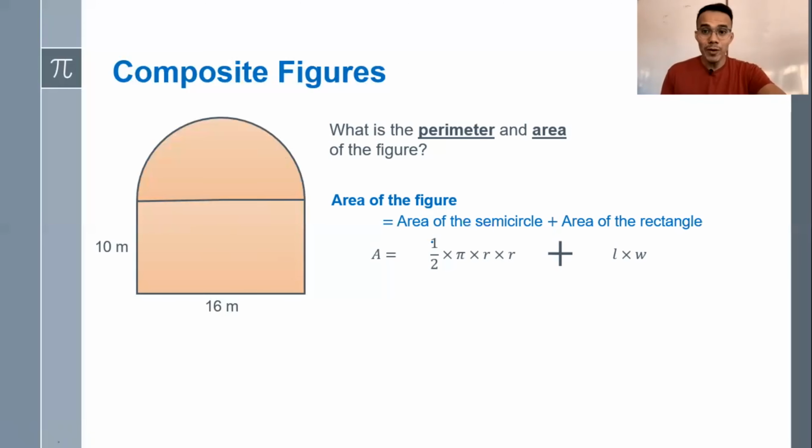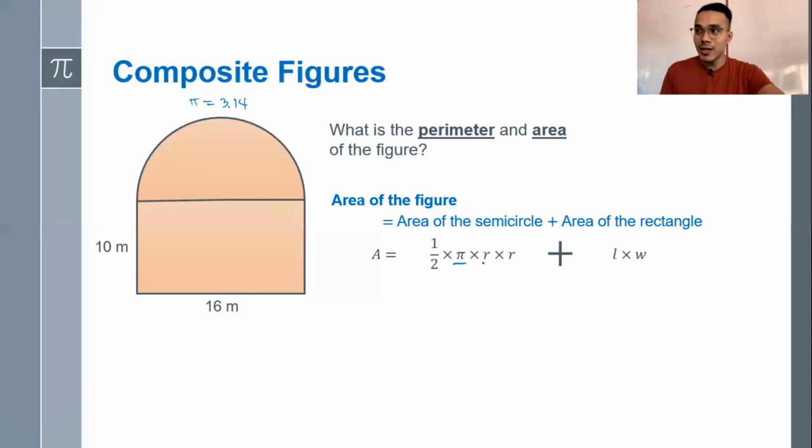Now look at the formula. What are the things that we need to replace with? First is the pi. Since it's not specified whether we're going to use 3.14 or 22/7 for pi, let's just decide right now. Let's use pi equals 3.14.